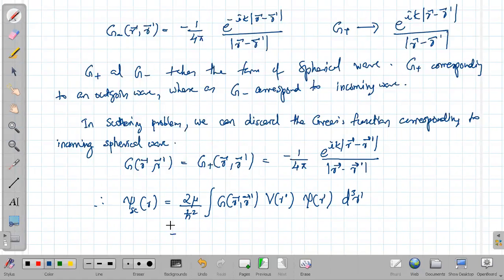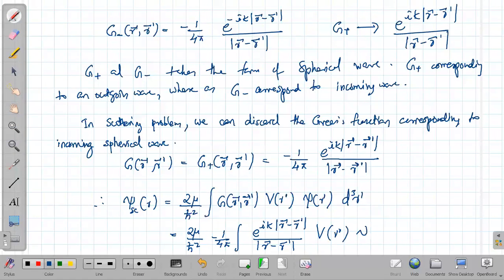That is equal to 2 mu upon h bar square, then minus 1 by 4 pi integral, where the Green's function is e raised to ik modulus of r minus r' divided by modulus of r minus r', then V at r' psi at r' d tau'.